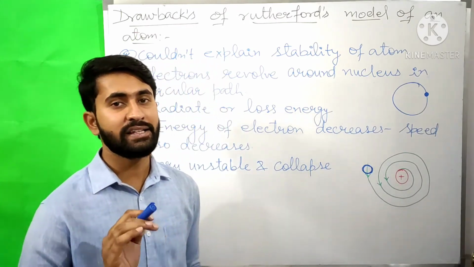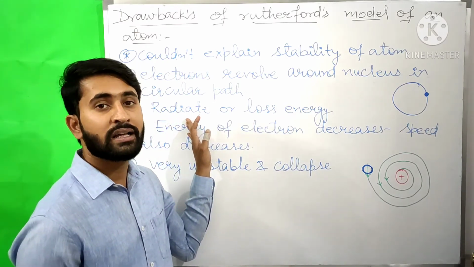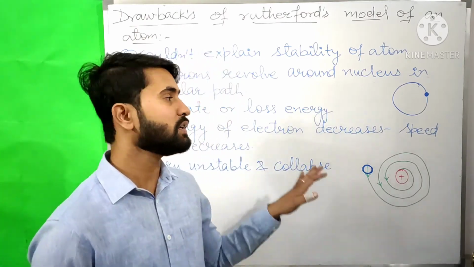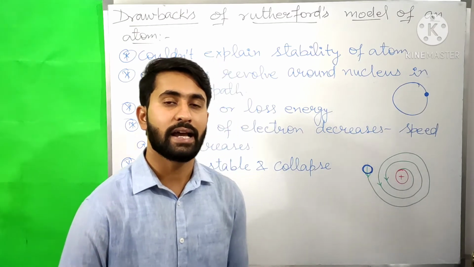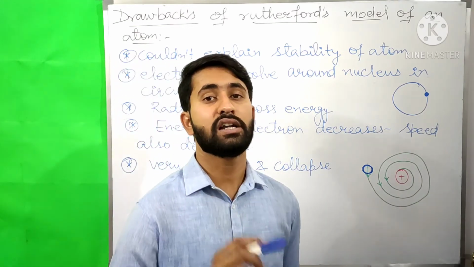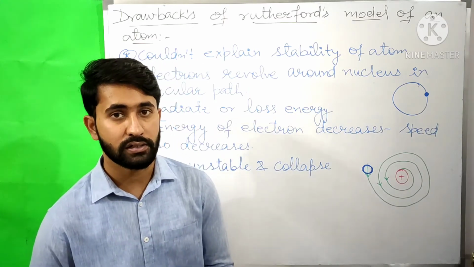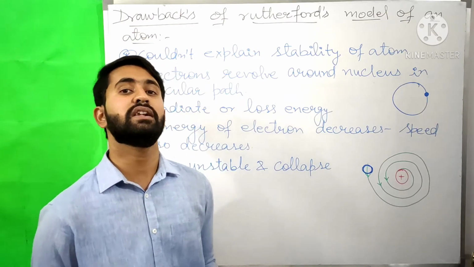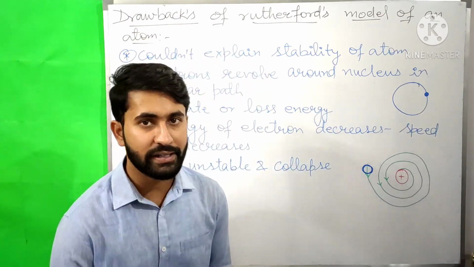And if any charged particle undergoes acceleration, then it must radiate energy, or it must lose energy continuously. It means that the negatively charged electron that revolves around the nucleus will undergo acceleration, and it will emit energy in the form of radiation.